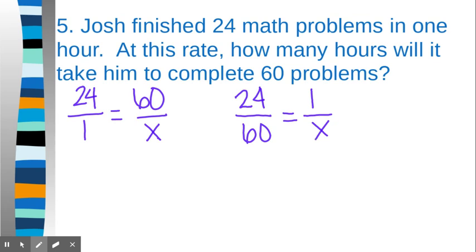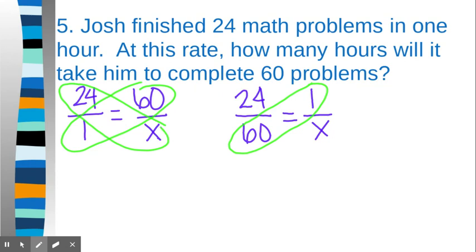What I want you to notice is that we're following a pattern here. And when I do my cross multiplication, in either of those, I'm multiplying the same pieces together. So it doesn't make a difference. I could also flip both of those proportions over and have the same situation.